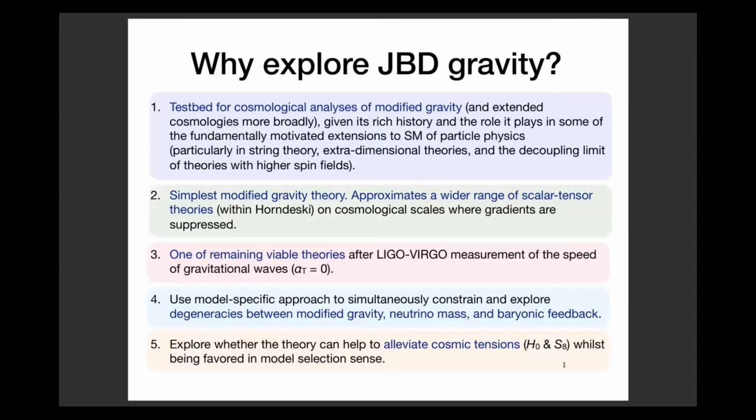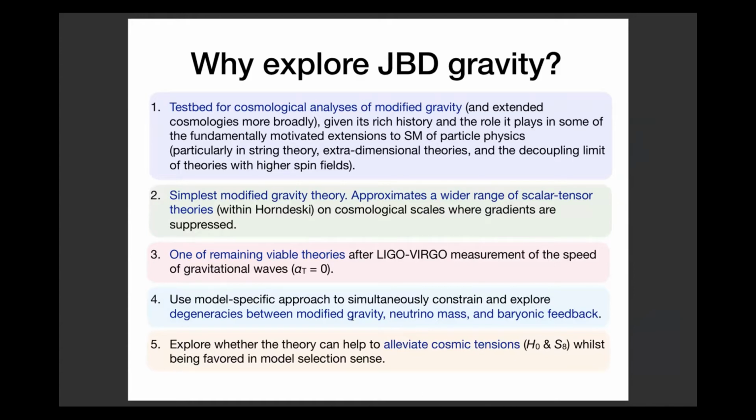So why would we want to explore this specific model? I'm going to be using it as a test bed for cosmological analysis in modified gravity and extended cosmologies more broadly, given its rich history and the role it plays in some of the fundamentally motivated extensions to the standard model, such as string theory. It is in a meaningful way the simplest modified gravity theory, and it approximates a wider range of scalar-tensor theories on cosmological scales.